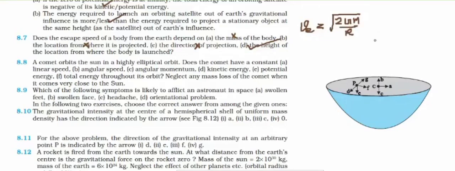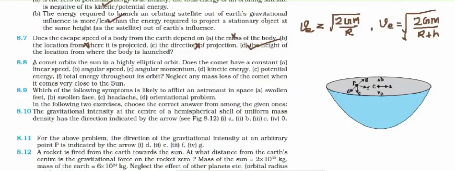And if it is projected from a height, then the equation becomes v is equal to under root 2GM divided by r plus h. So we can say as the height changes from the surface of Earth, the escape velocity also changes. So it depends on the height of the location.